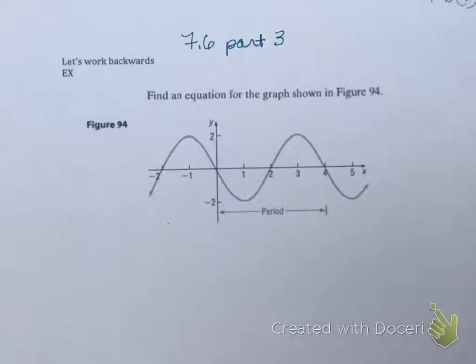Okay, so this last part requires you to know those parent functions really well. So really quick, here's a parent function for sine. Here's pi over 2, pi, 3 pi over 2, 2 pi, and it goes from 1 to negative 1.